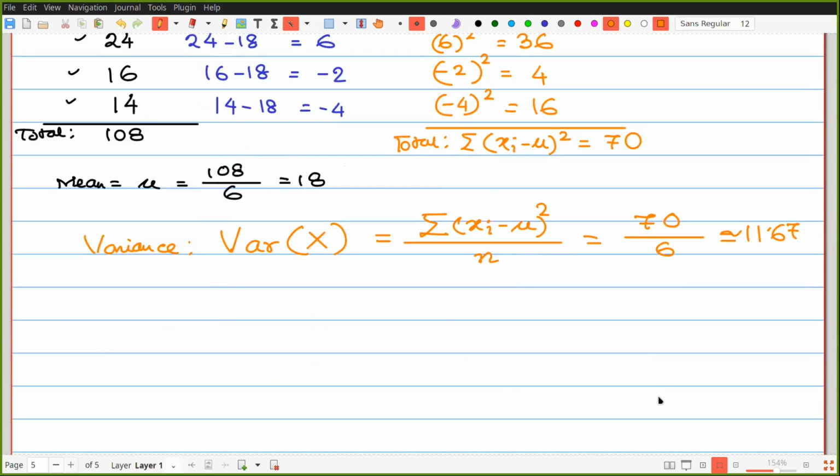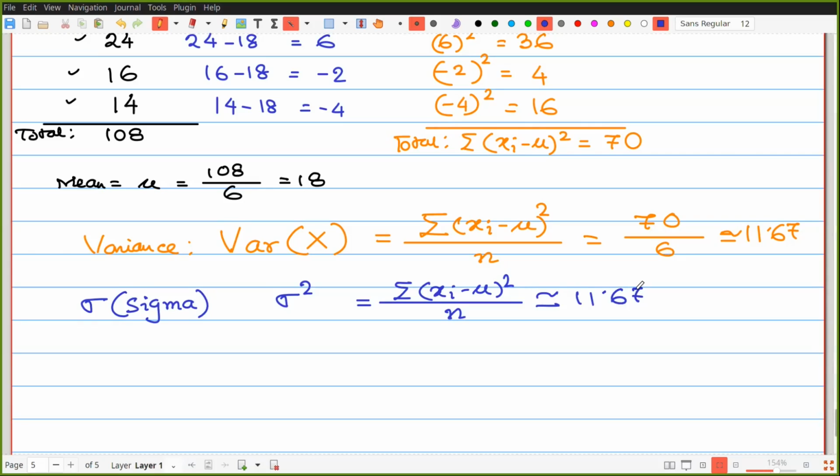Another way that is most used, variance of x is written in the form of sigma square. That sign is called sigma, a Greek letter. The most used notation, sigma square, has the same meaning: summation of xi minus mu whole square divided by n, and that is nearly equal to 11.67 for that particular problem.